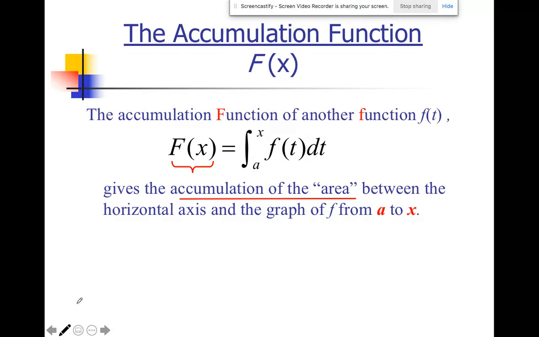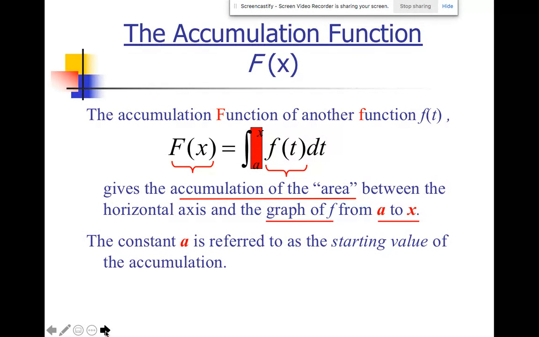So capital F gives the accumulation values between the axis and the graph of little f from a to x, and x is going to change. a will not. The starting place is a number. a is referred to as the starting value of the accumulation. That will not change, but x will.